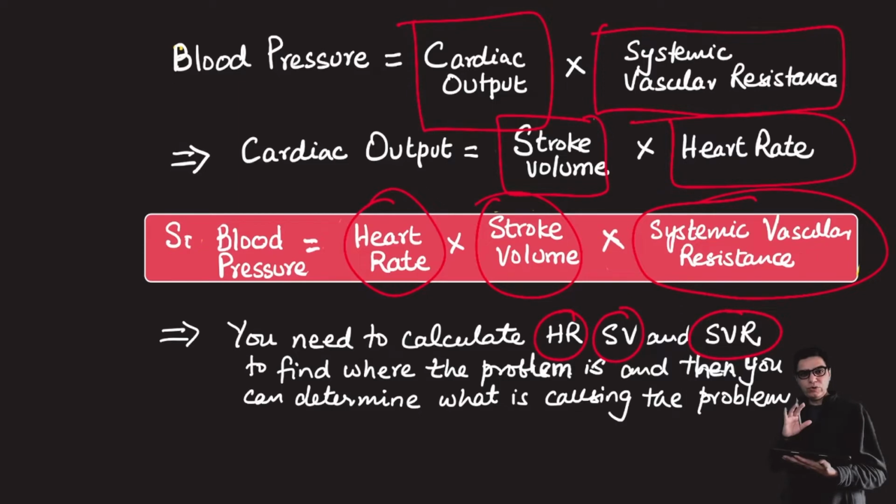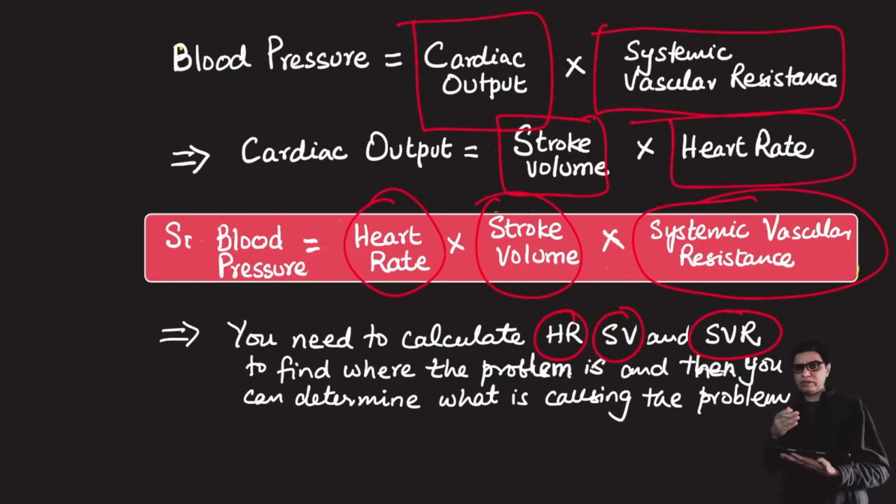Because if the blood pressure is down, you need to understand where the problem is. Is it because the heart rate is down, or because the stroke volume is down, or is there a problem in systemic vascular resistance, that it is down, or have all of them gone down?